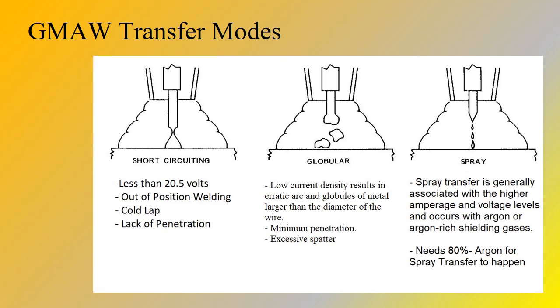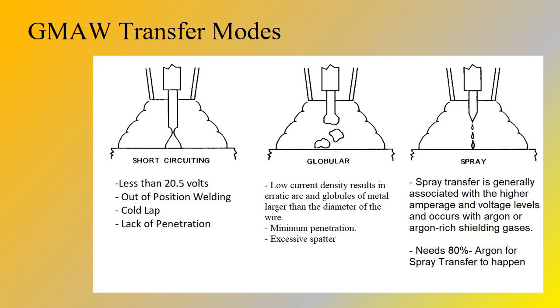In globular, there's enough current that it melts the wire before it gets there and turns it into a globule, like a booger getting flicked on the wall. But we don't usually use globular because it's kind of messy, with a lot of spatter and whatnot. So generally you don't see the globular transfer mode used.